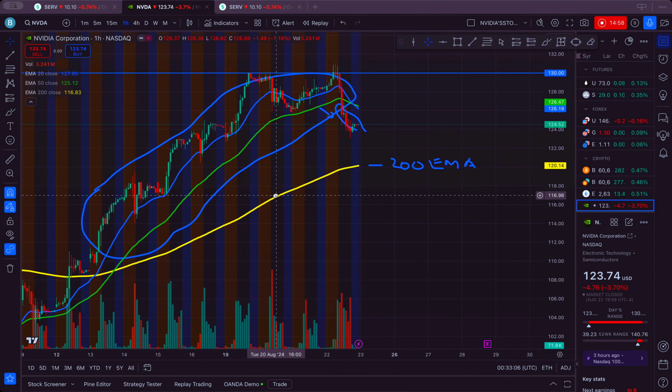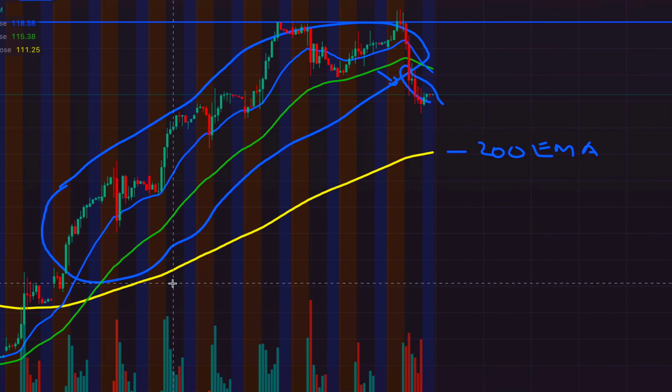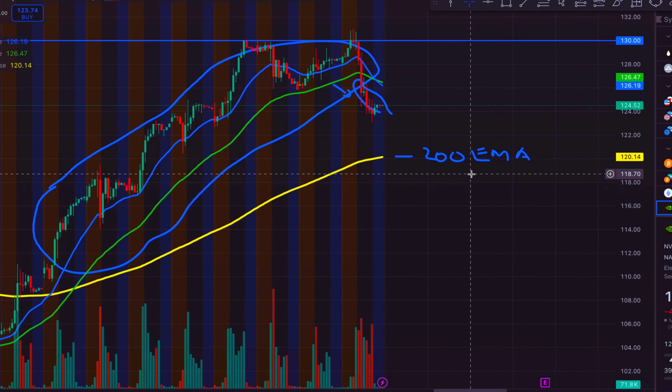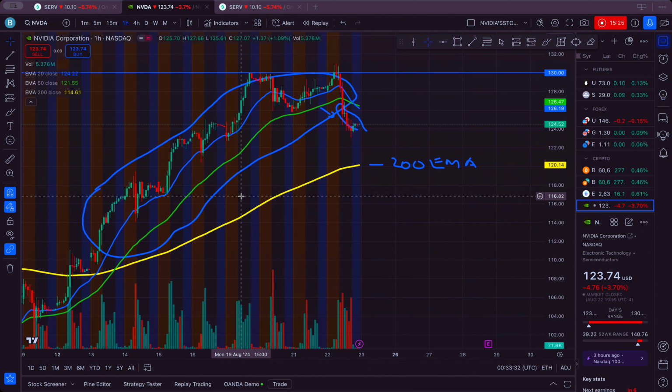We're still in a bullish market. As long as we are above this 200 exponential moving average, we're still in a bullish market. And this price here is going to be like 108, something like that. When we arrive at 108, we're going to be in a bearish market, you know.